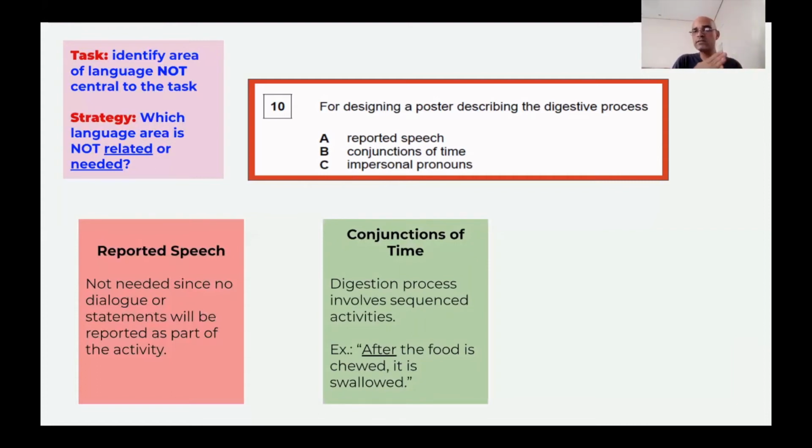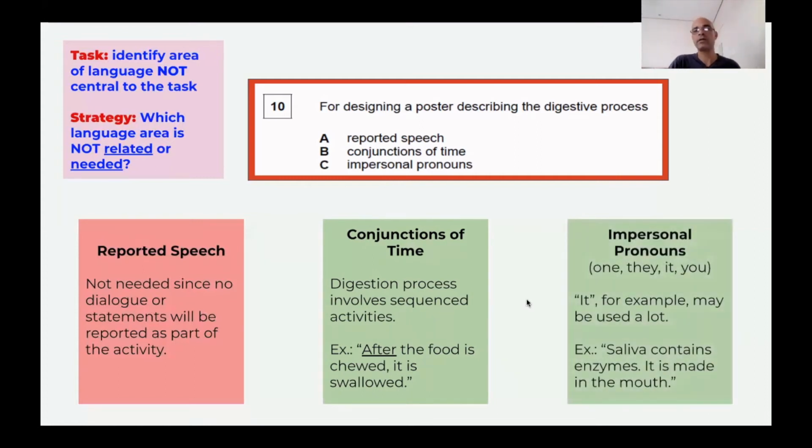So each one of these sections is a part of a sequence. So for example, students may need conjunctions of time to express this in the poster by writing, for example, after the food is chewed, it is swallowed. After being digested, the food moves on to the intestines. Or before the food reaches the intestines, it is digested.